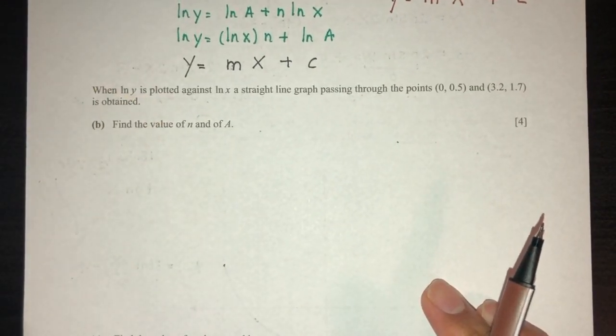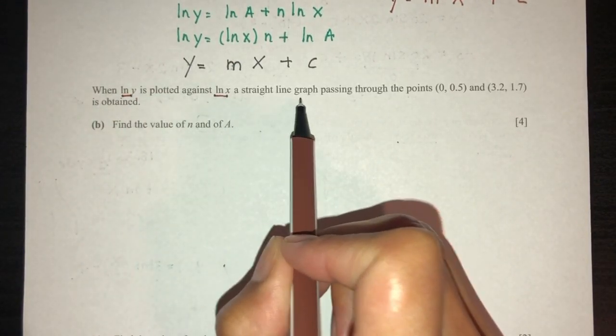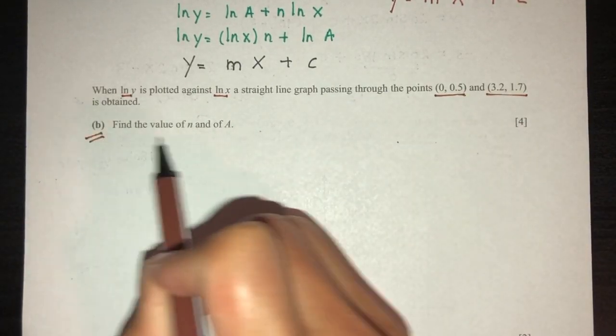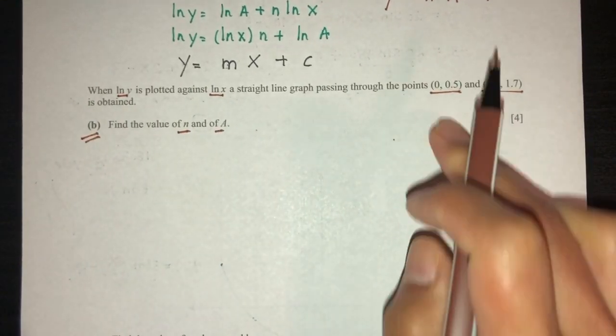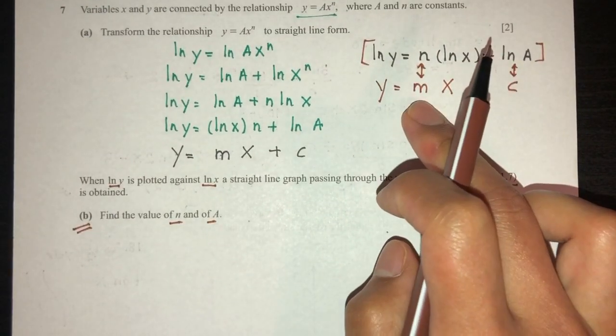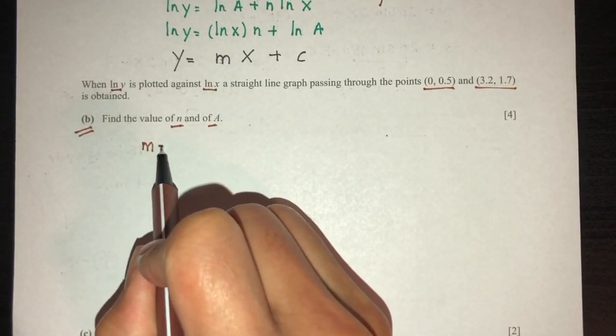Now for this one, when ln y is plotted against ln x, a straight line graph is obtained through the points this and this. So part 1 is to find the value of n and a. Pretty easy. Since we have 2 points, we can find the gradient, which is n. So m, the gradient, equals n.